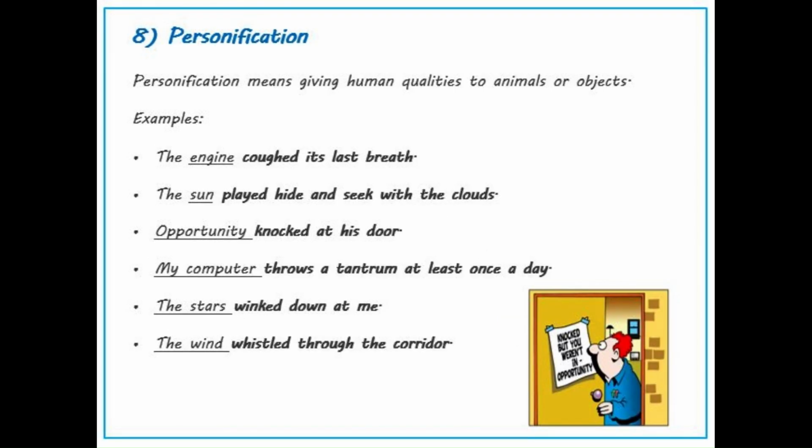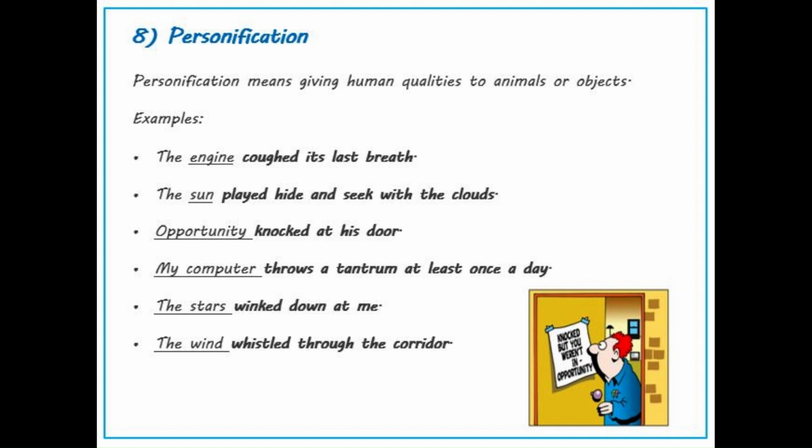The next figure of speech is personification. Personification means giving human like qualities to animals or objects. For example, the engine coughed its last breath. Of course, an engine does not have the capability of coughing because coughing is reserved for human beings or animals only.